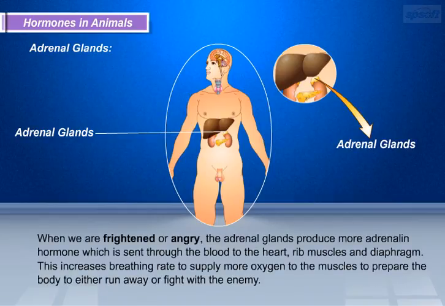For example, when we are frightened or angry, the adrenal glands produce more adrenaline hormone, which is sent through the blood to the heart, rib muscles, and diaphragm. This increases breathing rate to supply more oxygen to the muscles, to prepare the body to either run away or fight with the enemy. So adrenal glands are often called glands of emergency.